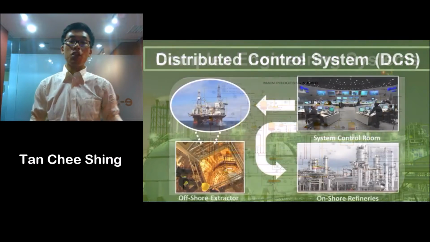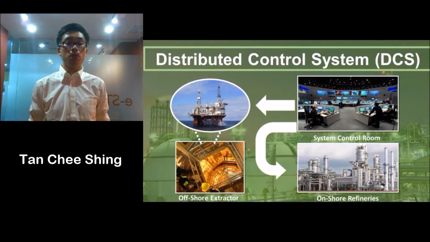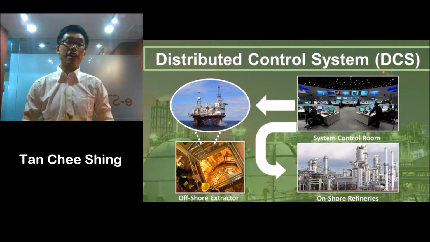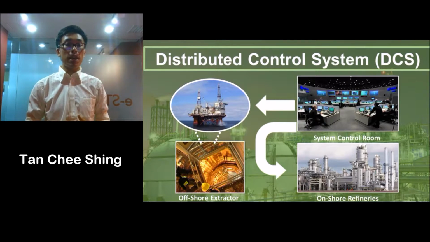Offshore extractors cannot bear the delay to receive commands from the land-bound control room before making their decisions. And onshore refineries will need to make decisions before the parameters cause errors. And so, distributed control system, short for DCS, becomes a major part of the system control in the engineering industry.